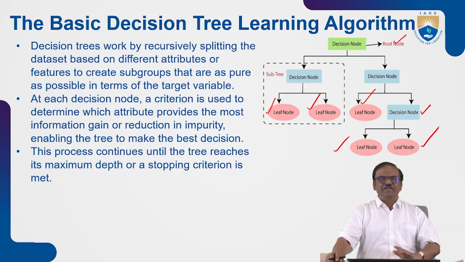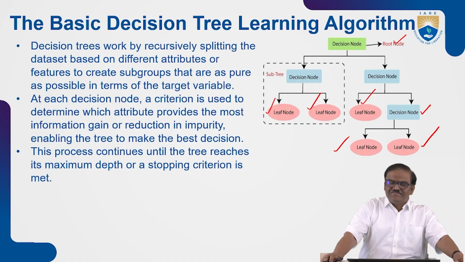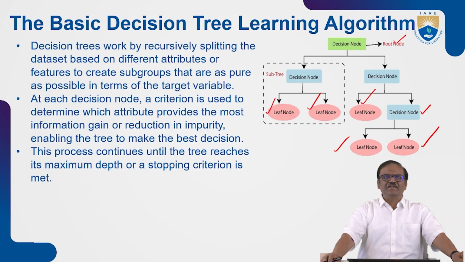So the decision tree works by recursively splitting the data set based on different attributes or features to create subgroups that are as pure as possible in terms of the target variable. At each decision node, a criterion is used to determine which attribute provides the most information gain or reduction in impurity, enabling the tree to make the best decision.